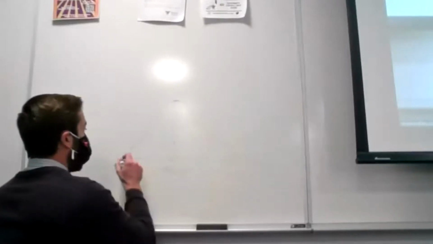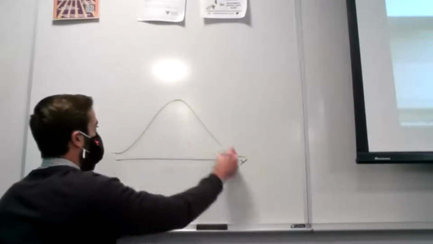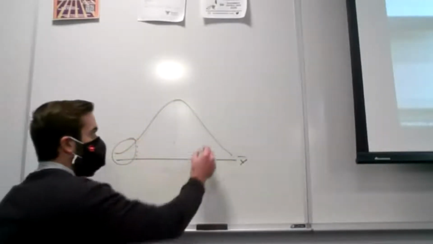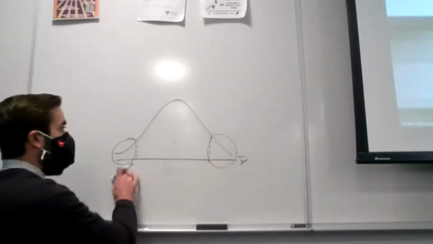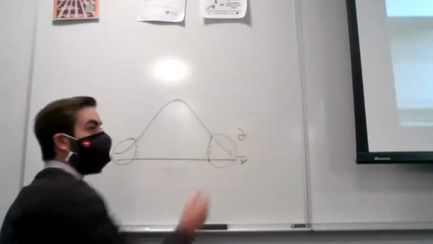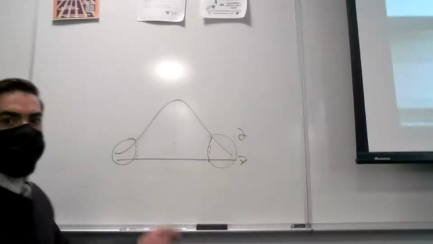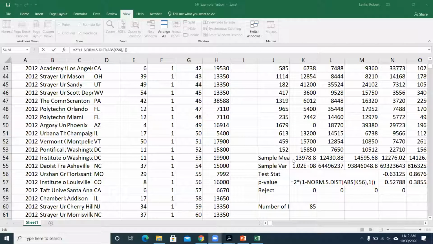If I find a negative test statistic, I'm finding the area to the left. If I had a positive test statistic, I'd find the area to the right. And no matter if I had a positive or negative test statistic, once I find the area, it's a two-tailed test, so I had to multiply it by 2 to get my p-value. Okay? So that's how I set that up in that first column for that first sample.